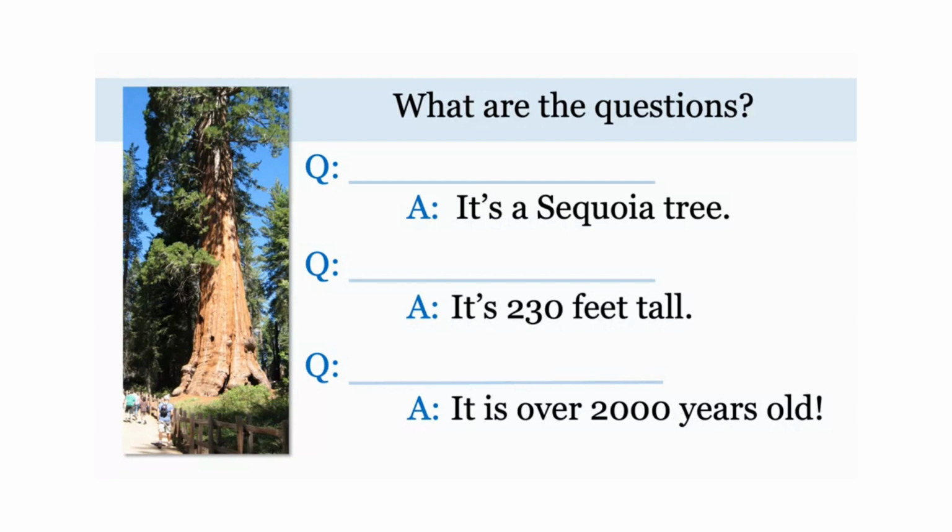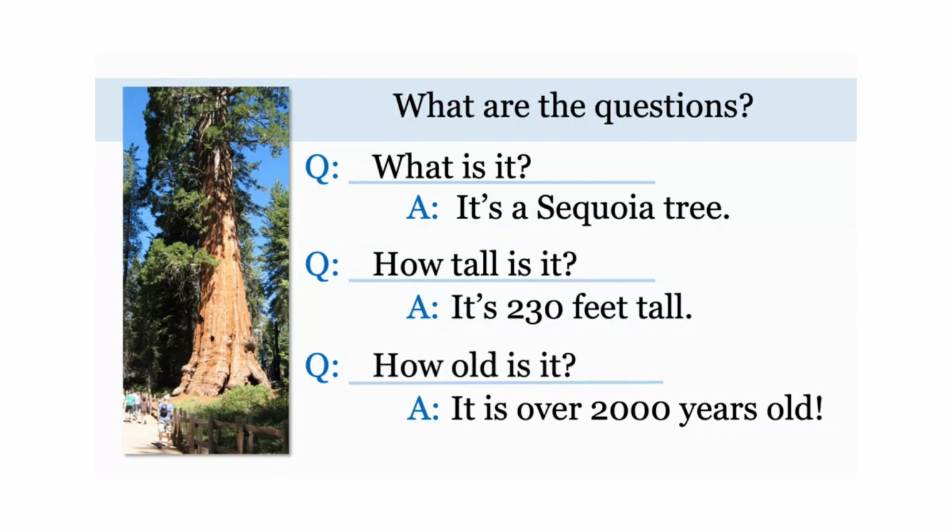Okay, ready? What is it? It's a sequoia tree. How tall is it? It's 230 feet tall. How old is it? It is over 2,000 years old.